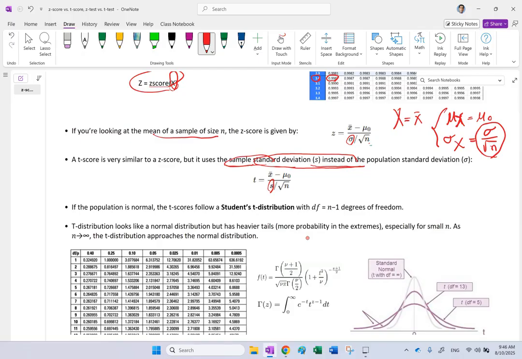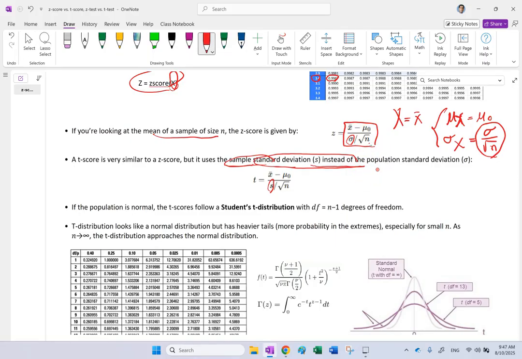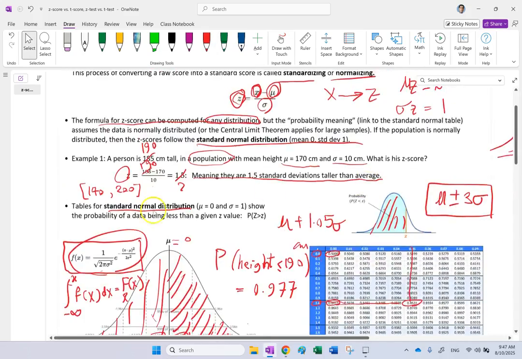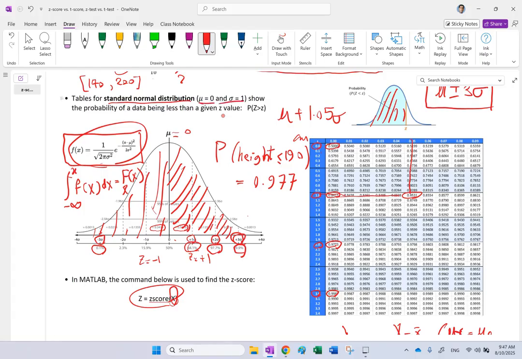The reason is this. As I showed you, if I look at this entity here, and if I look at the distribution of it, if the data that we calculate the X bar from were normal, clearly this Z is also going to be a normal distribution with mu of 0 and sigma of 1.